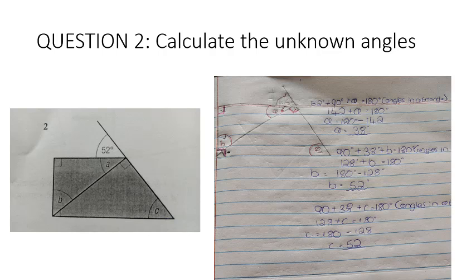So if we add that 38 degrees, 90 degrees, and angle C, the answer will be 180 degrees. Angles in a triangle, or sum of angles of a triangle. So 90 plus 38, the answer is 128, plus C is equal to 180 degrees. Therefore, C is equal to 180 degrees minus 128 degrees. So the answer is 52 degrees.